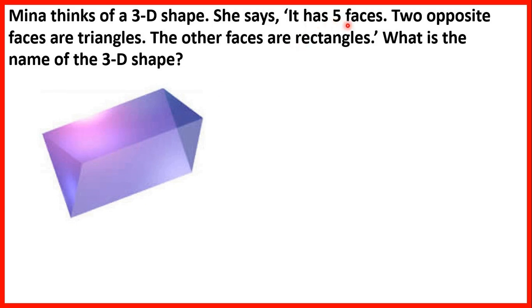So that's 5 faces altogether because we have 2 triangular faces and then 3 rectangular faces. So the name of this shape is a triangular prism. And the word prism tells us that we have the same 2D shape at both ends, and then we have rectangles joining the 2 opposite faces.